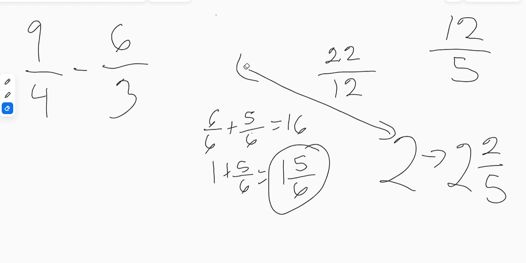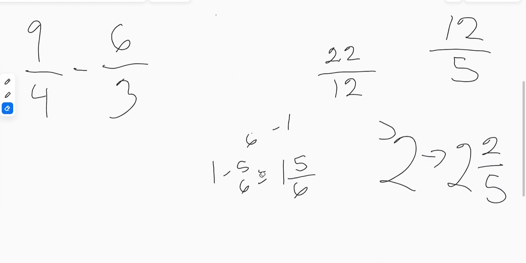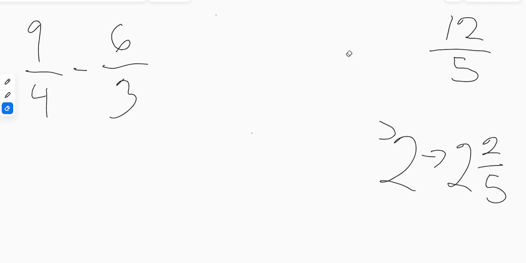Before we do that one, I want to also get you to do one a little bit easier, which would be 8 over 3 minus, let's say, 7 over 3.